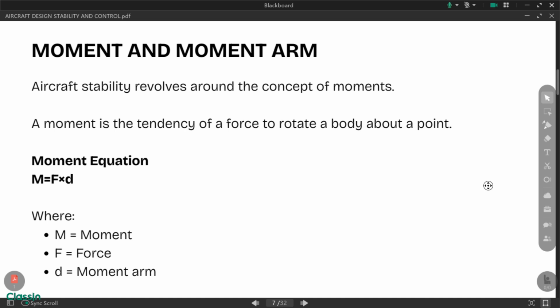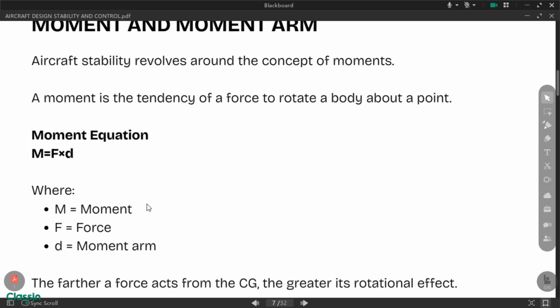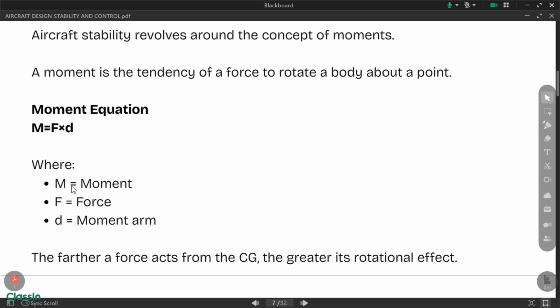Tama? And yung rotation na yun, we call that the moment. Okay? The magnitude of the moment is determined by two factors. No? That's the force itself and yung distance from the center of gravity where the force acts. That would create our moment equation. Okay? So again here, yung M natin represents moment, F represents force, and then yung D represents the moment arm.